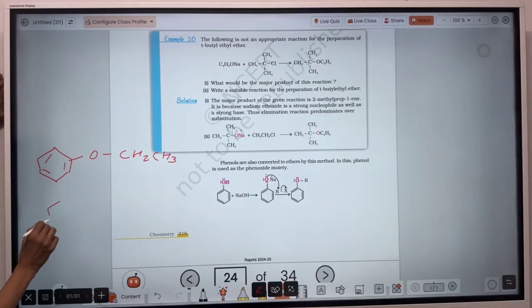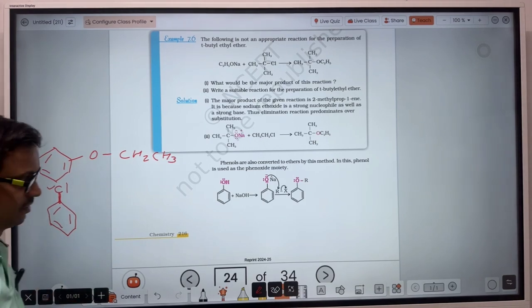If you take haloalkane, if you take halobenzene or aryl halide, then there will be partial double bond characteristic between the carbon of benzene and the halogen.